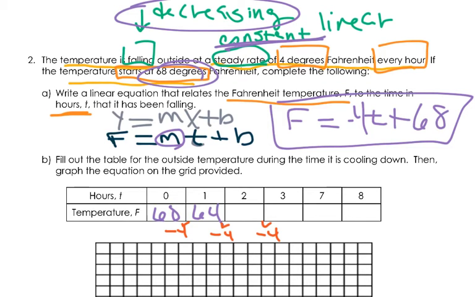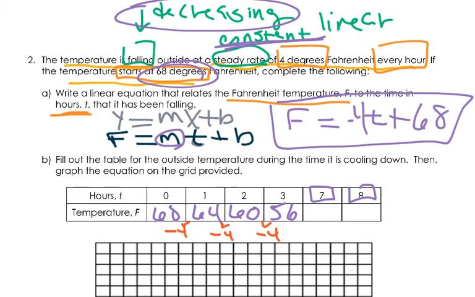So, the second hour, after the first now, it's at 60. The third hour is at 56. Now look right here, they try to trick you. They're giving you hour 7 and hour 8.